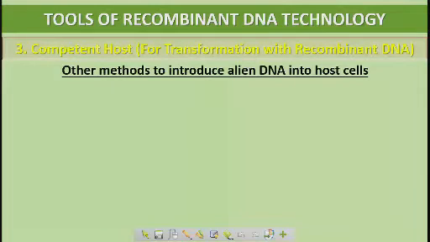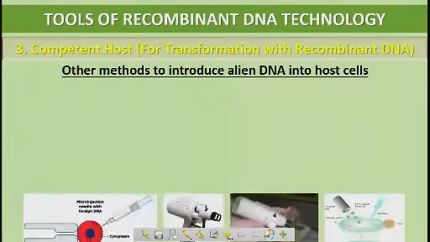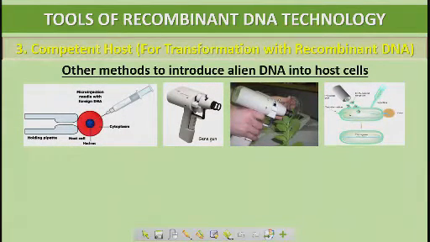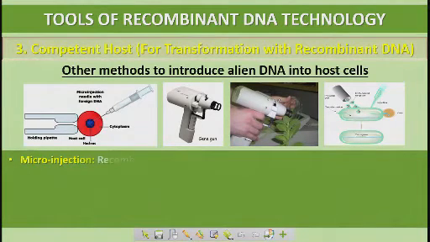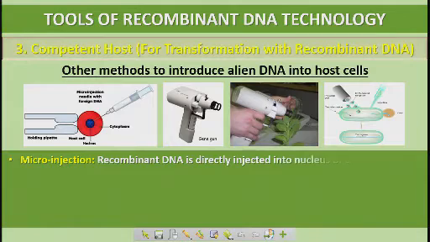There are other methods to introduce the alien DNA into host cells. Nowadays, we use the micro-injection needle, gene gun, etc. In micro-injection, recombinant DNA is directly injected into the nucleus of an animal cell.